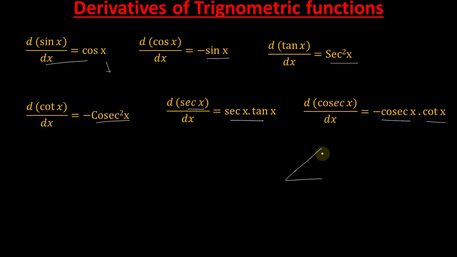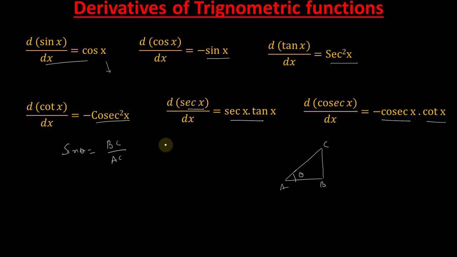Suppose we have a right angled triangle. If this angle is theta, and the triangle is ABC, then sin theta is the perpendicular, the side opposite to angle theta, that is BC by AC.